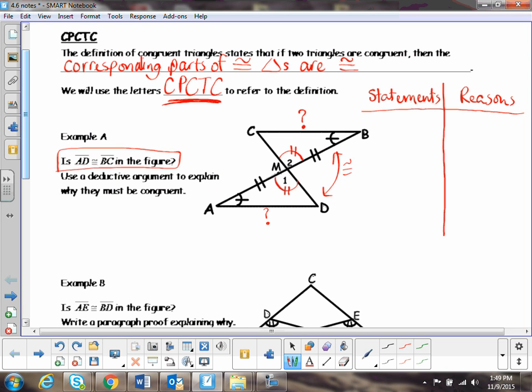So the first thing you want to do is start off with what they gave us. I'm going to say angle A is congruent to angle B. Okay, how do we know those two are congruent? Because it says they are. So the way you write that down, you just write given. Okay, it's already marked for us. So you write given. What else was given to us? The side, right?